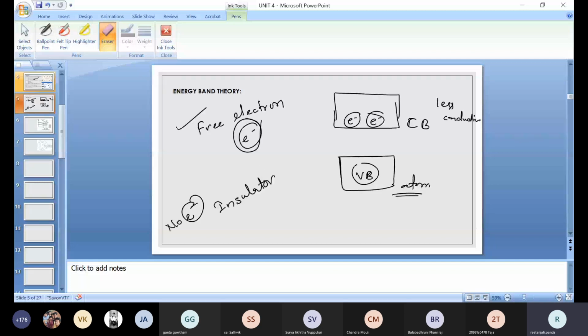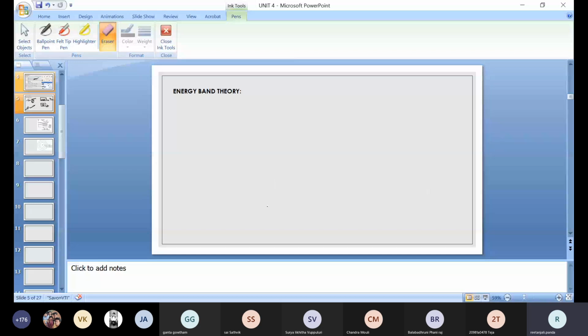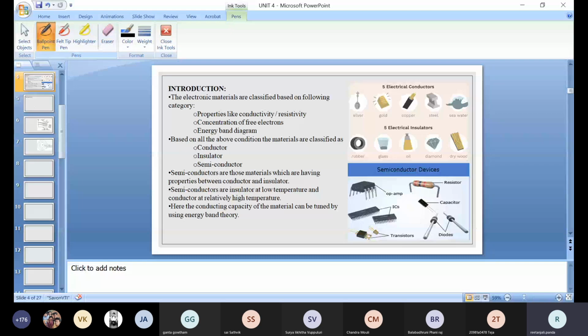A semiconductor at low temperature will act as an insulator, but at relatively high temperature, it acts as a conductor. That's why they are called semiconductors. By changing the external working temperature we supply, we can tune their conducting capacity, which means we can control it.